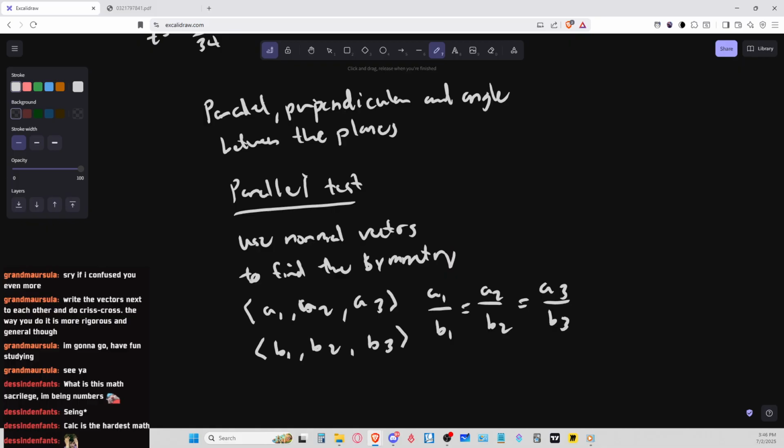Now perpendicular. So the perpendicular test, just use the cross product.